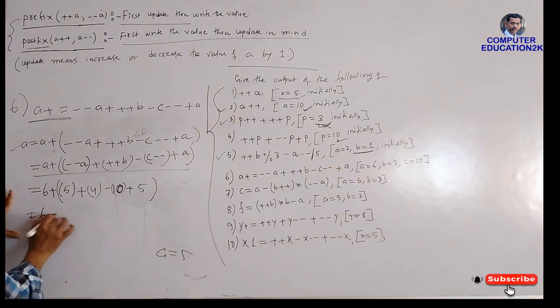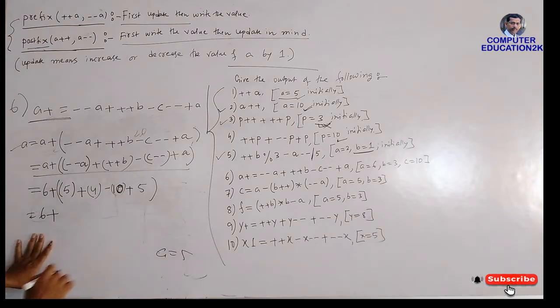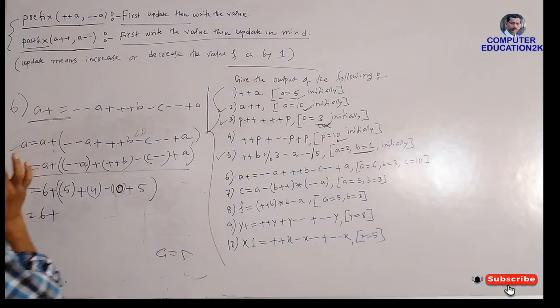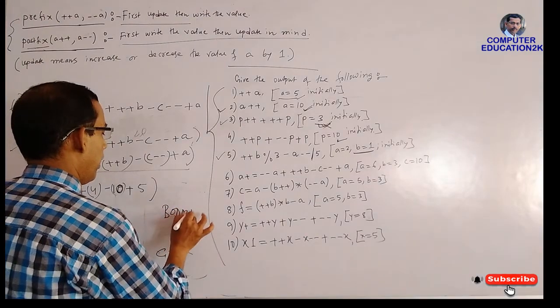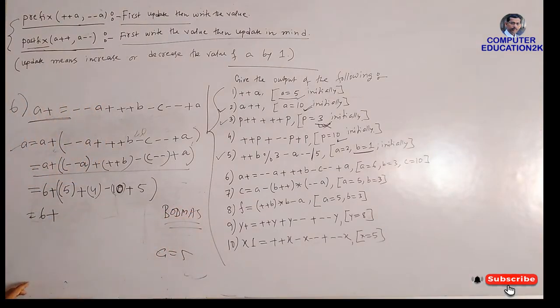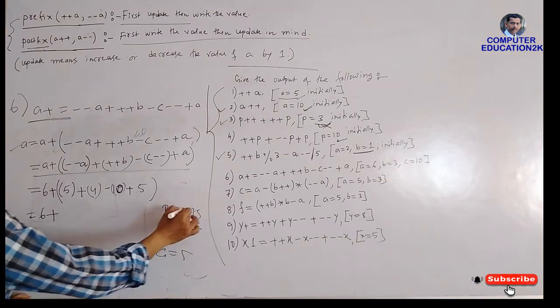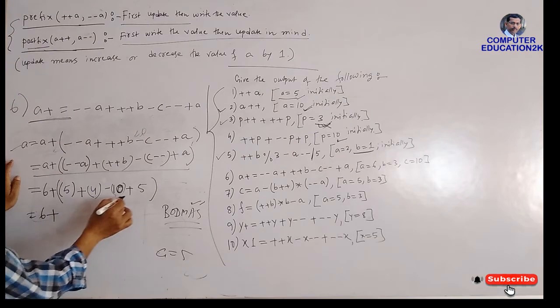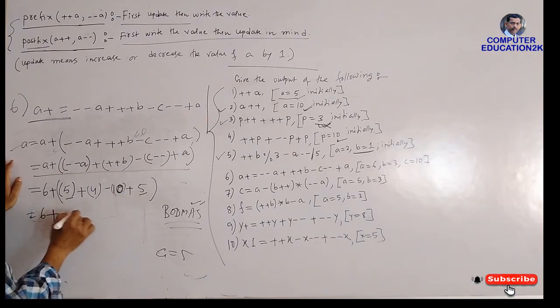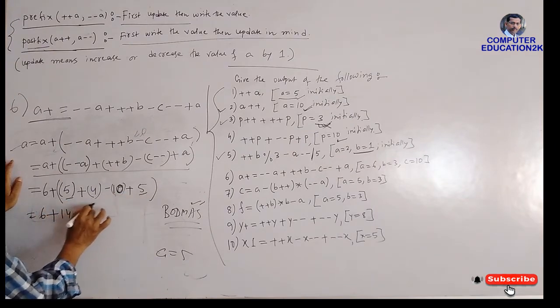Now 6 plus, you can see first addition, then subtraction. You have to follow the BODMAS rule. First addition, then subtraction. So addition: 5, 10, 14, 14 minus 10.